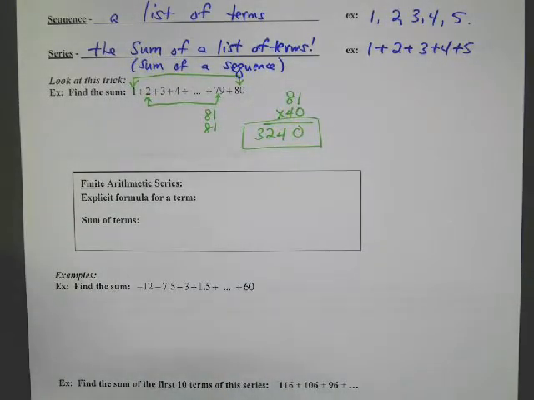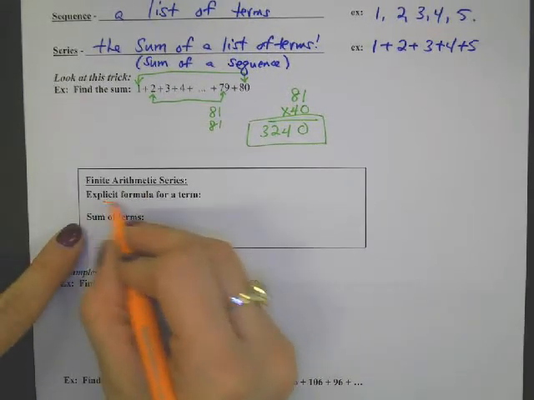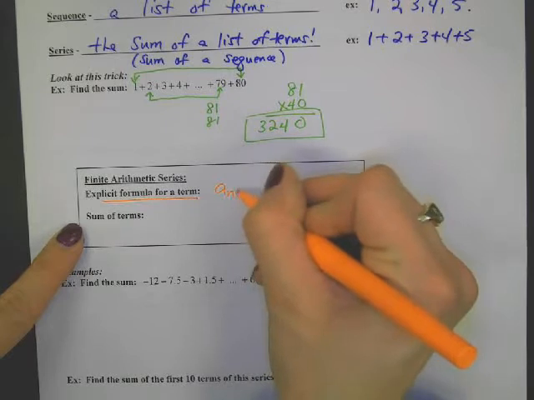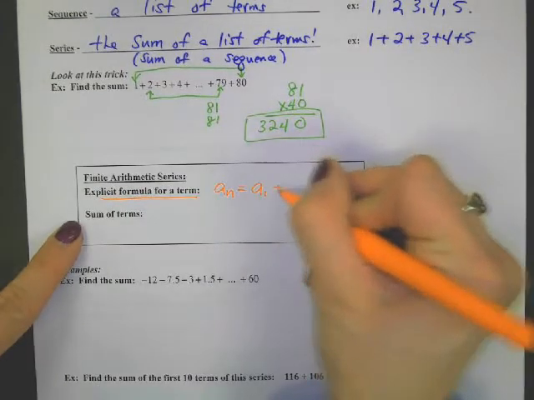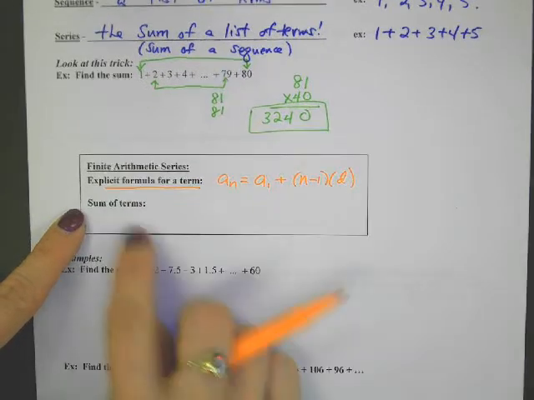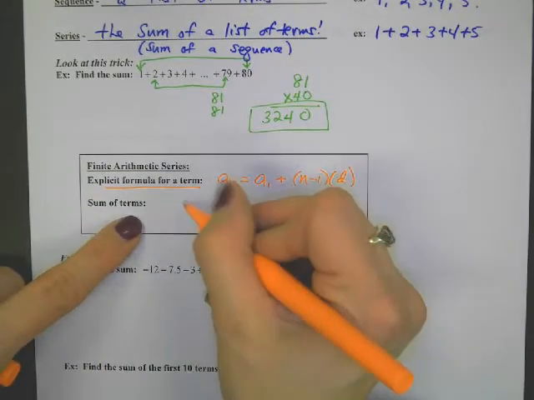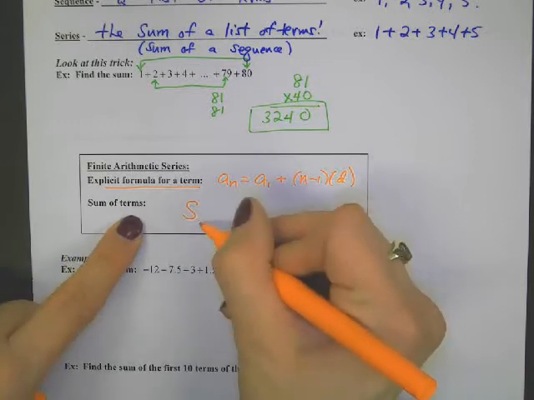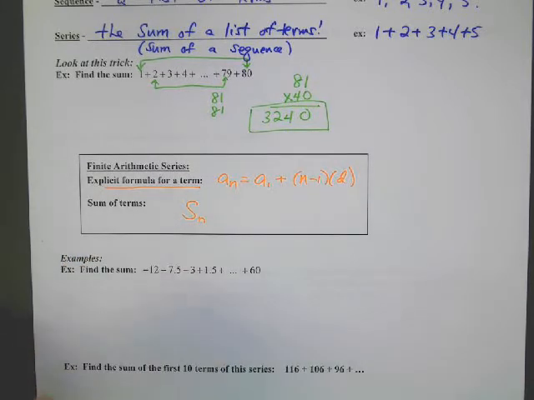So let's go ahead and show you the formulas here. Maybe you'll see where they came from. First of all, the formula for a term, a sub n, is a sub 1 plus n minus 1 times d. The sum of the terms, you're going to use a capital S, and you have to put subscript n. Okay, that is very important.